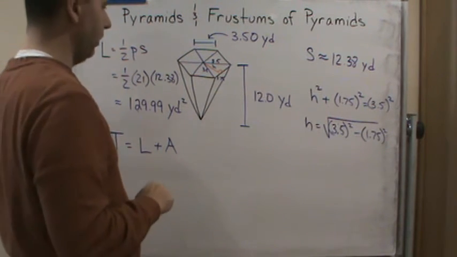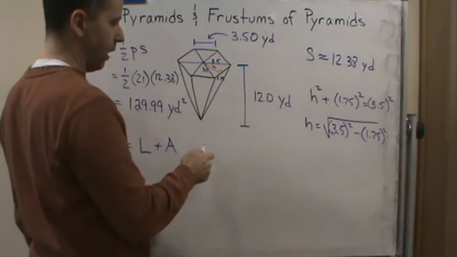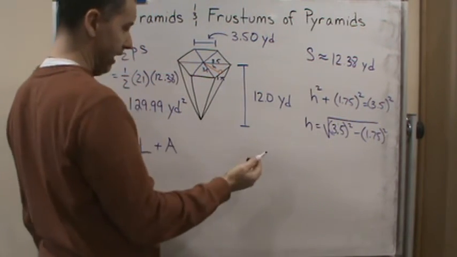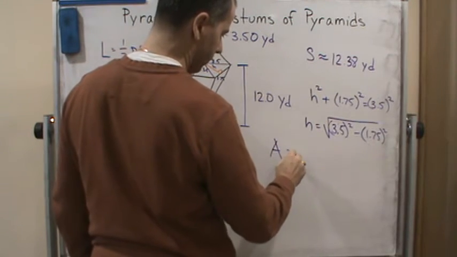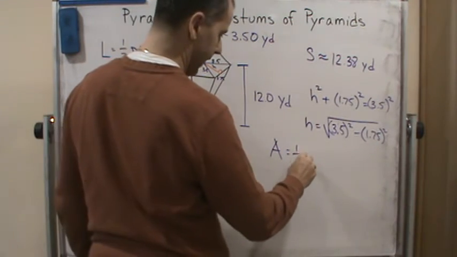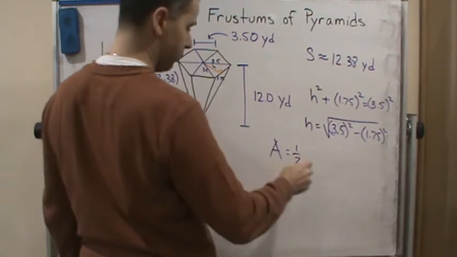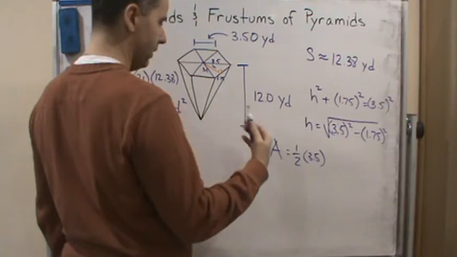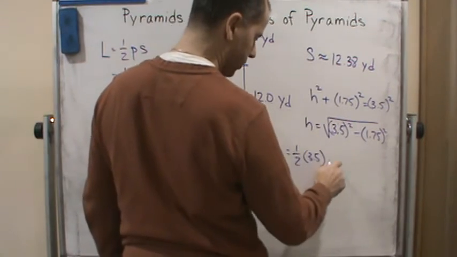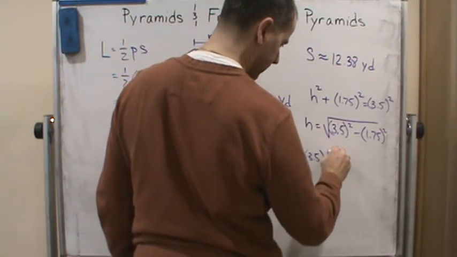And then, what's the area for this triangle? It's going to be 1/2 base times height. So the area of that one triangle is going to be 1/2 the base, which is 3.5, times the height, which is h.